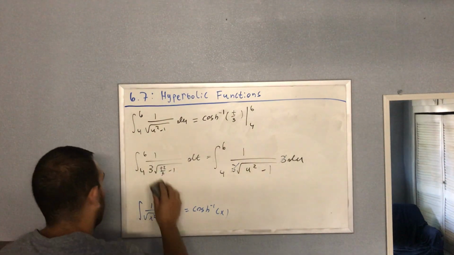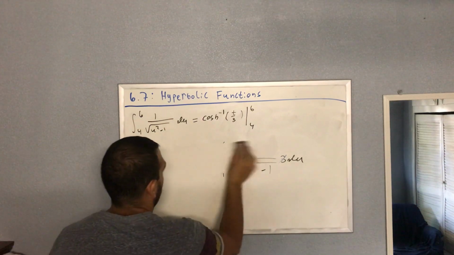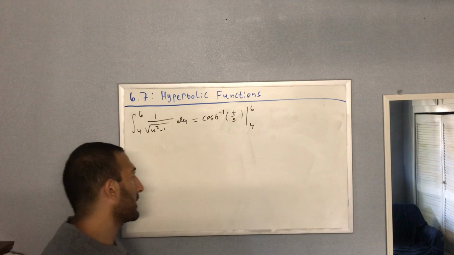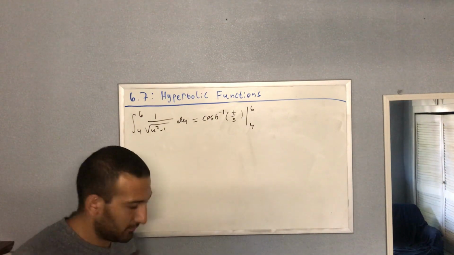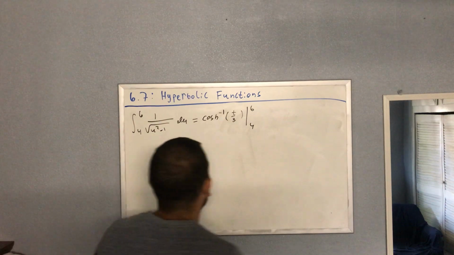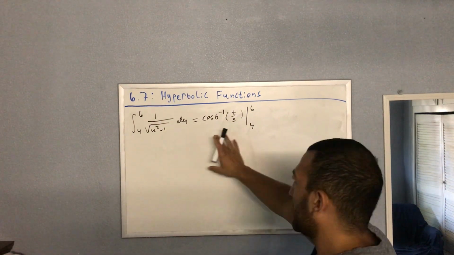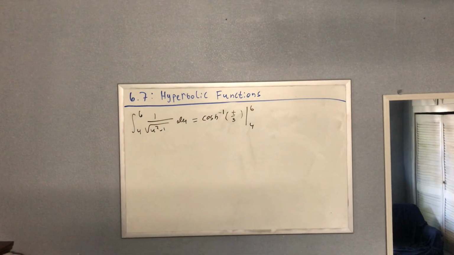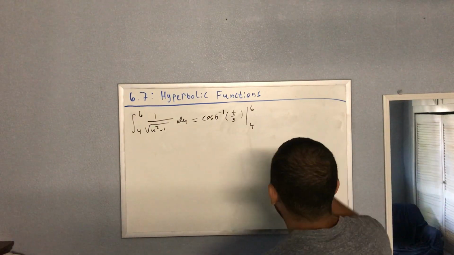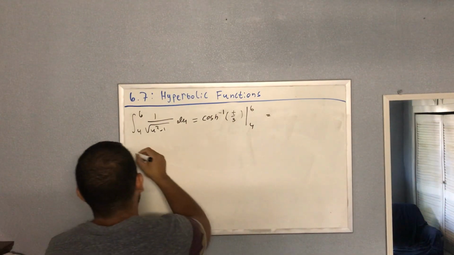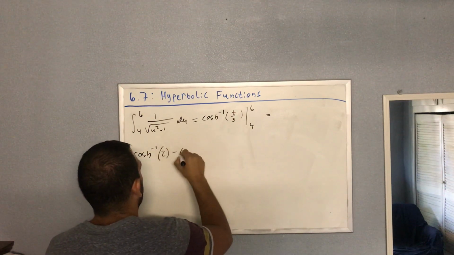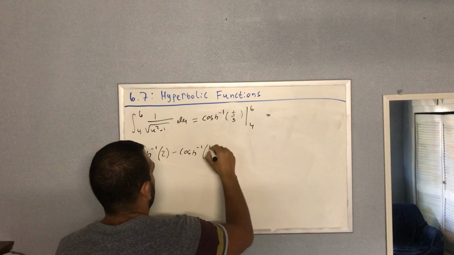So pretty crazy here. At this point, we know the formula for inverse hyperbolic cosine, so we can put it in there. I'm trying to see if we have time. We do not, but this would effectively be 6 over 3 is 2, and then 4/3.